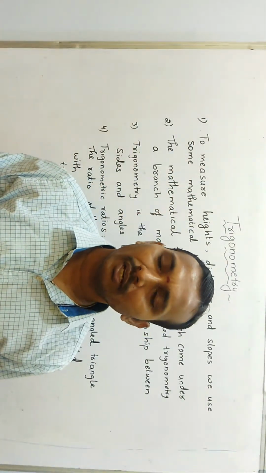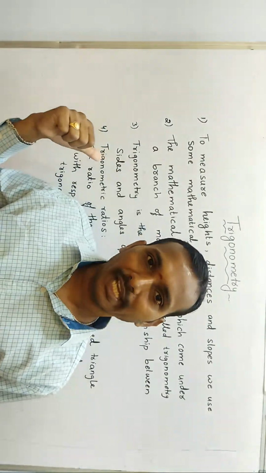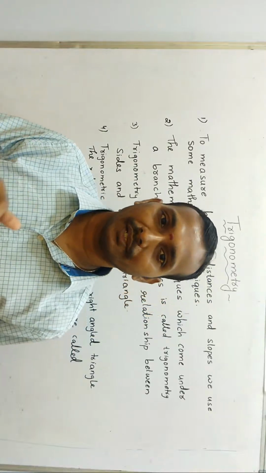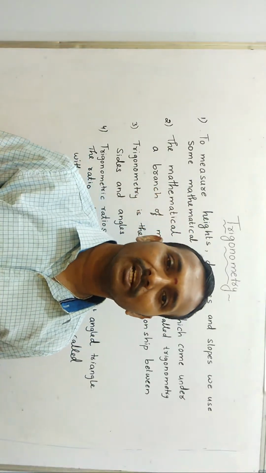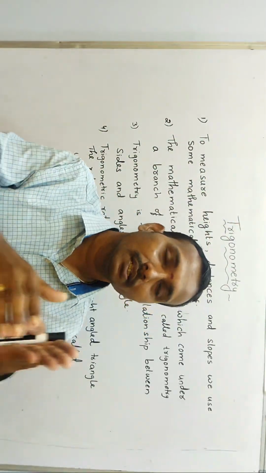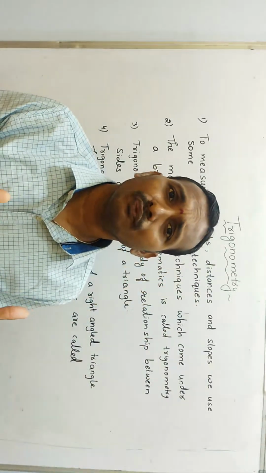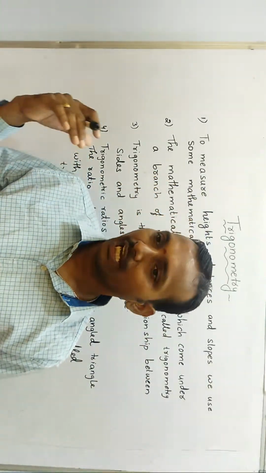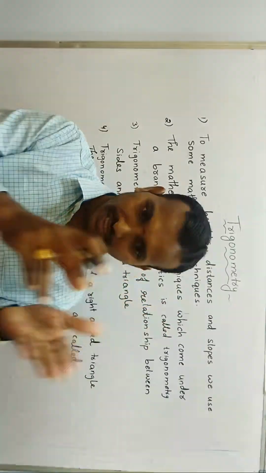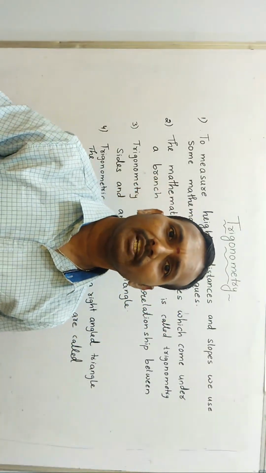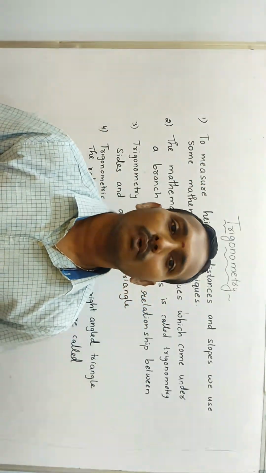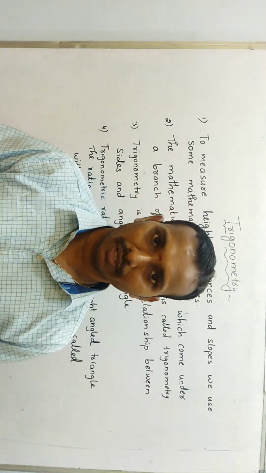For example, if you want to find the height of a tree, with the help of trigonometric techniques we can find it. Likewise, we can find the height of a tall building, the height of a tower, and even the height of Mount Everest.